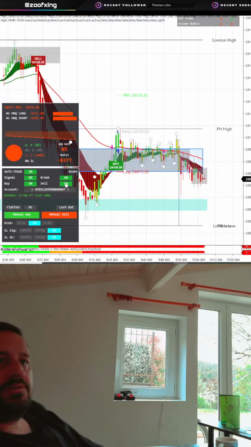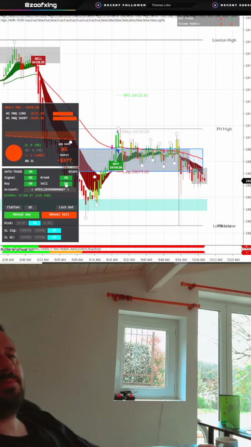4 hour. Printing a doji, not doji, a tail bar. Or what's it called? What's it called? Help me out.